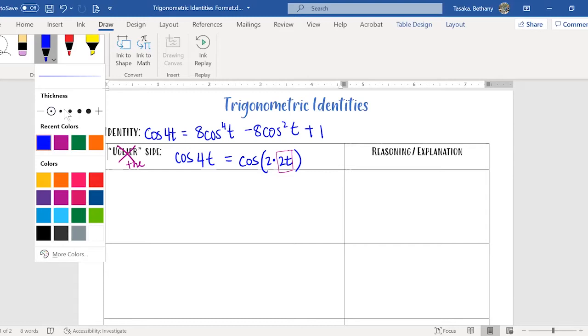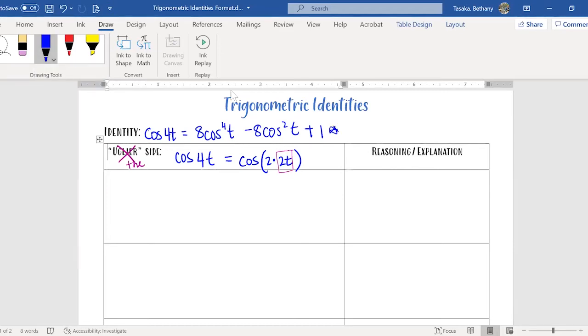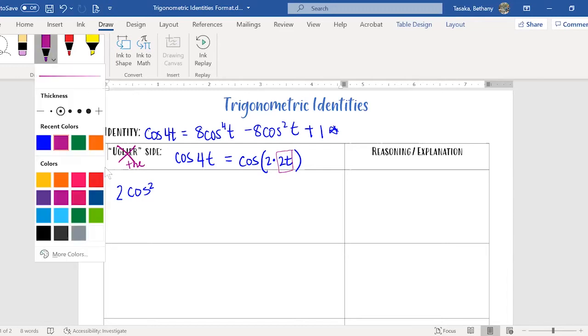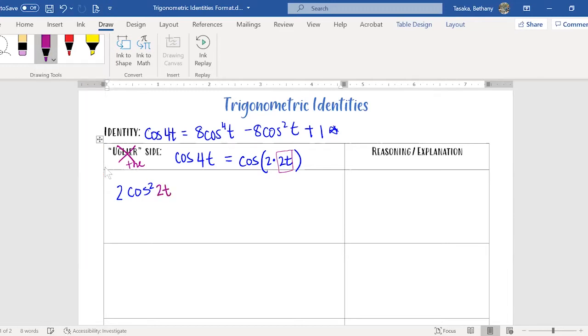So we said double, so I'm going to pick the cosine identity because there's only cosines on this right-hand side. I'm going to pick the cosine identity with other cosines in it. So I'm going to say this is 2 cosine squared, and instead of that theta, that item that normally goes here, I'm going to put 2t, because it was double of this, right? And it's going to be that minus 1, right?